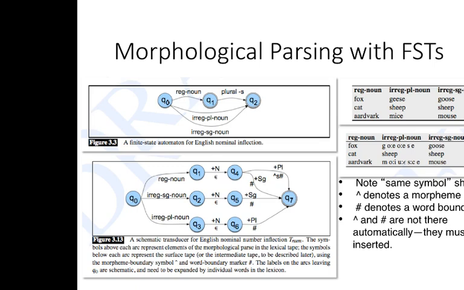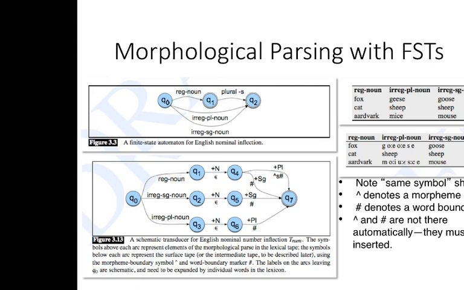So here we had the finite state automaton for English nominal inflection. Here we do something similar with a finite state transducer. So we have all the transitions for regular nouns, irregular singular nouns, irregular plural nouns, and then we read nothing.